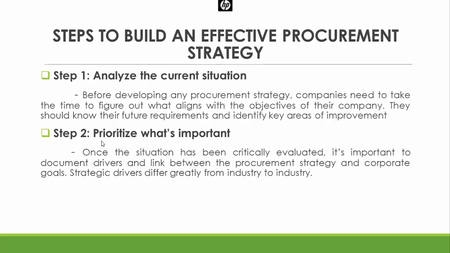Always know future requirements and identifying key areas of improvement. Step 2, prioritize what is important. Also document drivers and link between the procurement strategy, because driver is procurement is important.